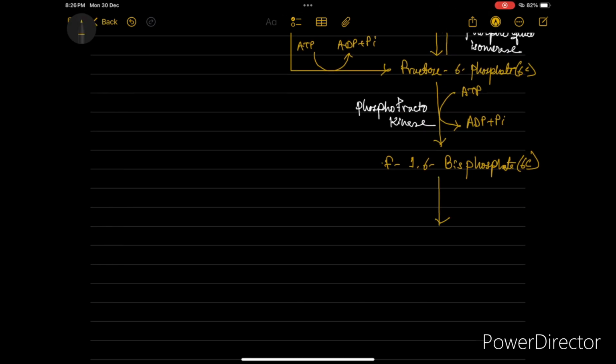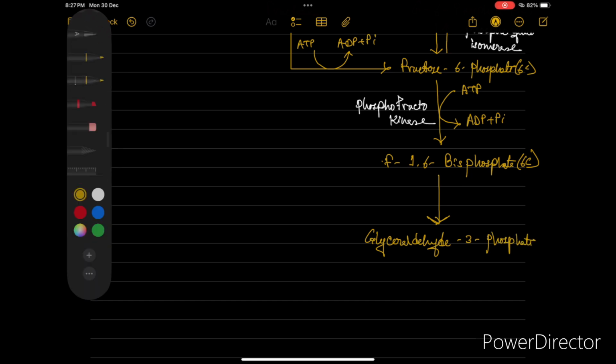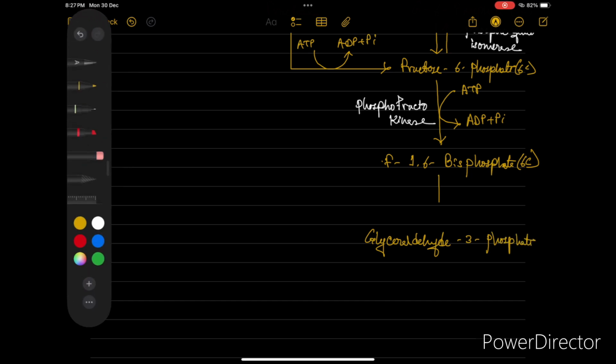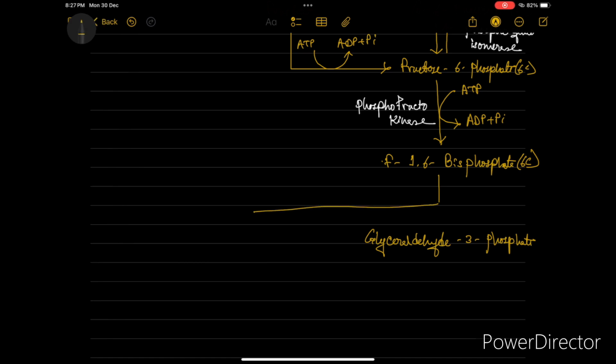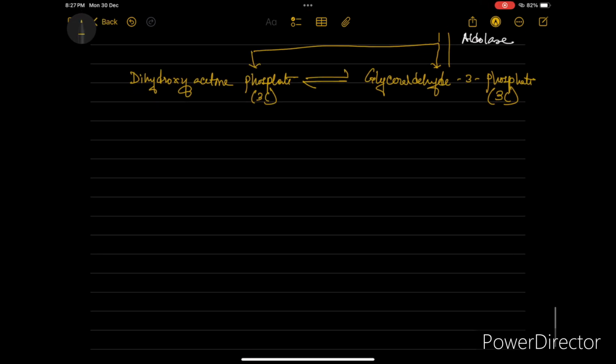Now fructose 1,6-bisphosphate, a 6-carbon compound, is split into two different 3-carbon molecules: one is glyceraldehyde 3-phosphate and the other is dihydroxyacetone phosphate. Both are 3-carbon compounds and are interconvertible, and this reversible step is catalyzed by the enzyme aldolase.